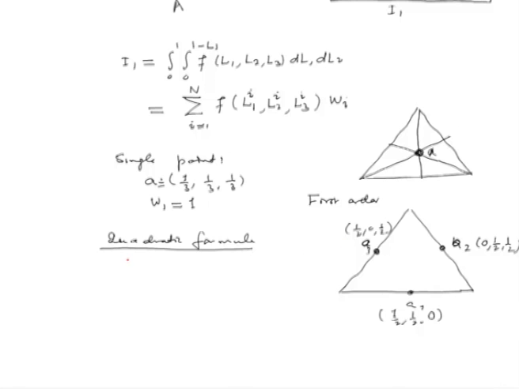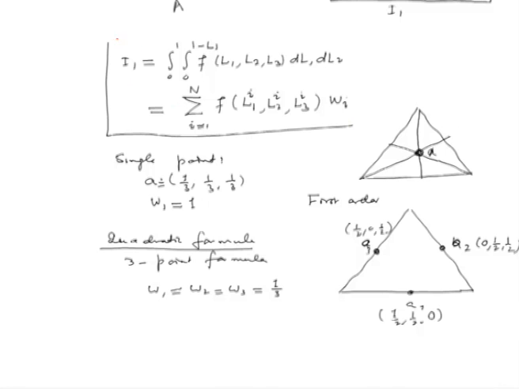So, this is 3 point formula. Weights are again equal. So, W1 is equal to W2 is equal to W3, 1 by 3. So, use these coordinates in this formula which we had used. So, the summation would be over these 3 points using the function evaluation at the points A1, A2 and A3, and weight multiplier is 1 by 3, and this should give us the numerical value of the integral.